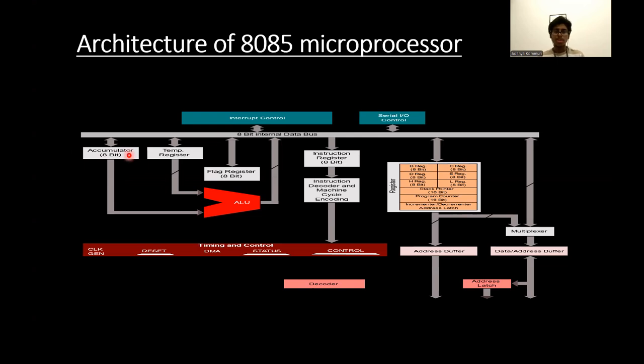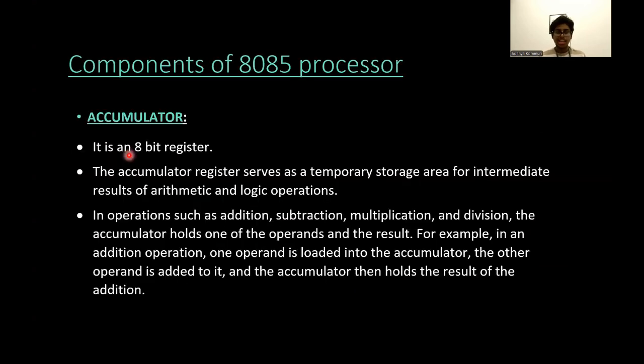And after the performance of the operation, the resultant will also be stored in the accumulator. In operations such as addition, subtraction, multiplication, division, the accumulator holds one of the operands as well as the result. In addition, one of the operands is loaded into the accumulator, the other operand is added to it. The accumulator then holds the result of the addition.